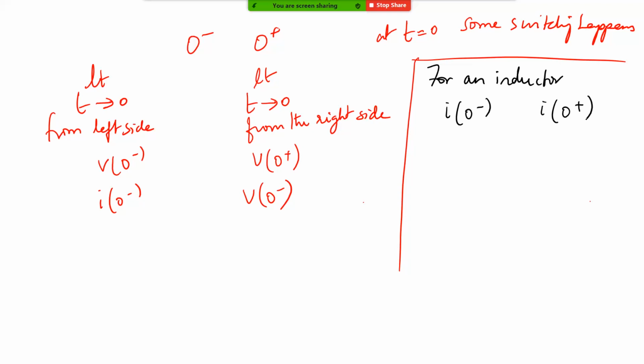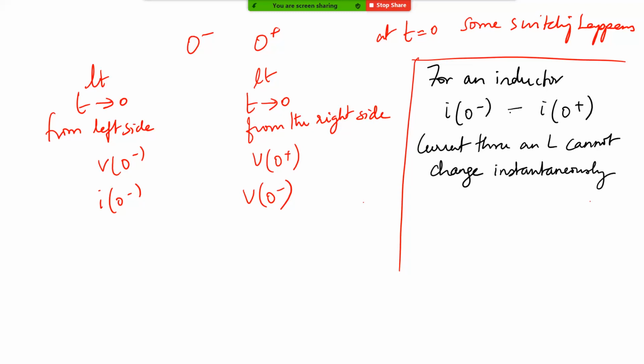Why will it be the same? Because an inductor cannot change the current through it instantaneously. So the current through an inductor cannot change instantaneously, right? So I of 0 minus and I of 0 plus will be equal. The voltages can change.